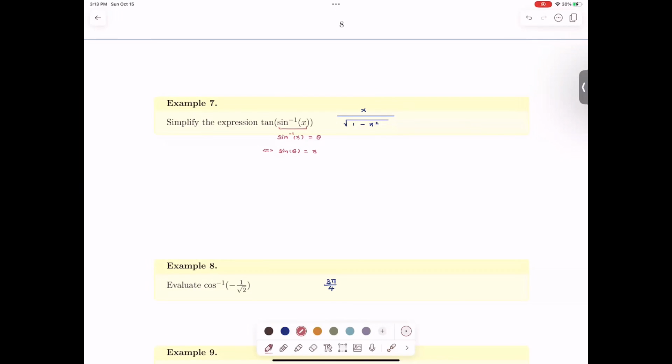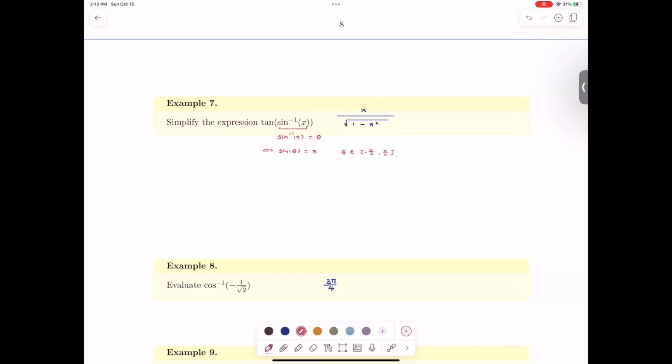Theta, that's correct, theta. Theta is between negative pi over 2 and pi over 2. Not x, because this is the range of inverse trig. Range is what theta can be, not what x can be. Okay? Make sense?